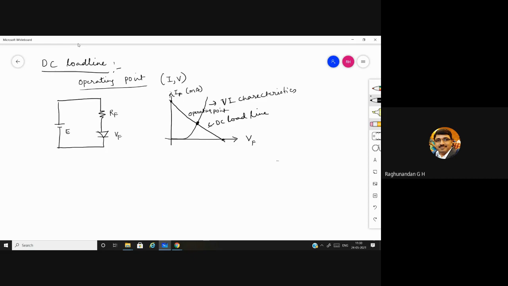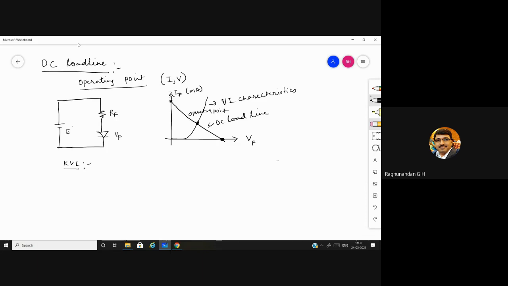Now the question is, how do we find this DC load line? How do we come to know the value of VF and the value of IF? For that, we have a small mathematical calculation. You already know KVL, Kirchhoff voltage law.